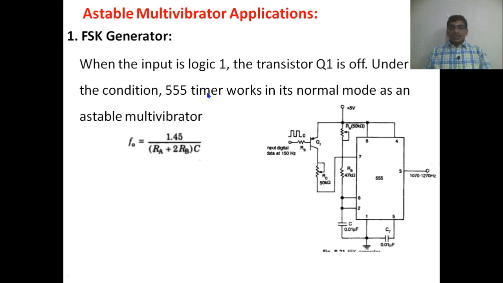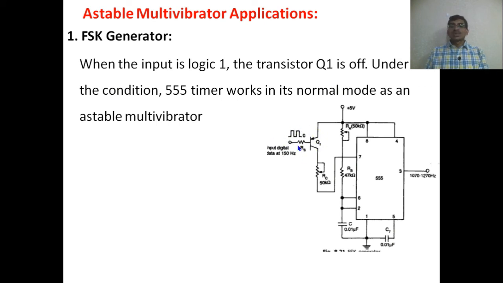Okay, so when the input is at logic 1, this is the input signal for the FSK modulator, the transistor Q1 will be in off state because it is a PNP type of transistor.